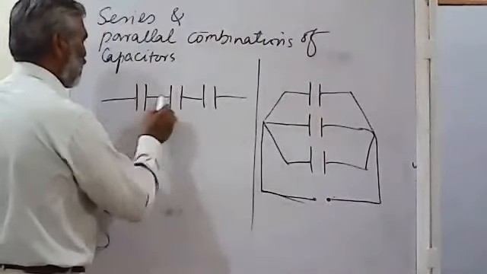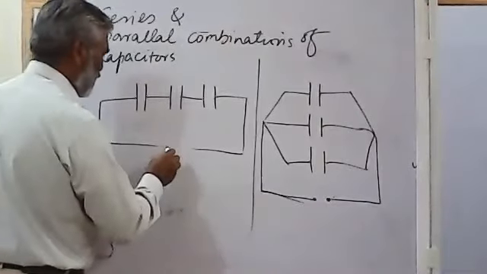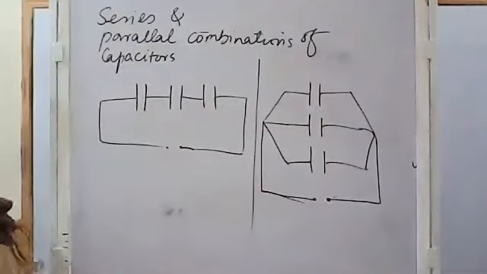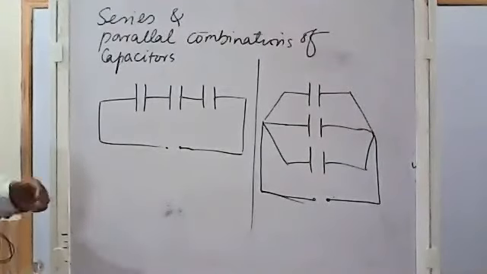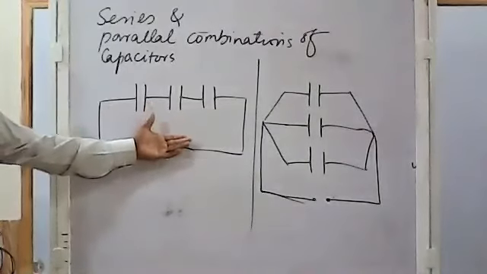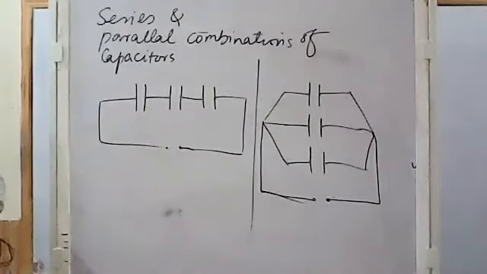This is, however, a series combination, and this is also connected to a certain known battery. Of course, they have different characteristics, and we need to know how we calculate the total capacitance of the combination. When it is series combination, we need to know how we calculate the total charge, the total energy.